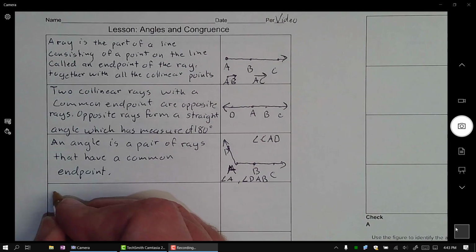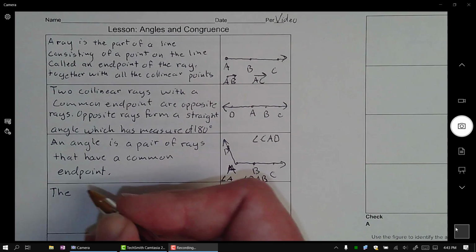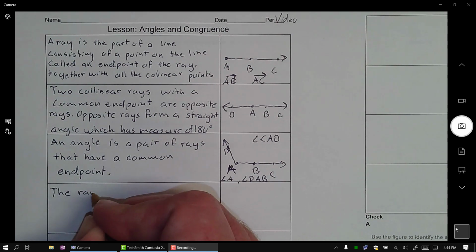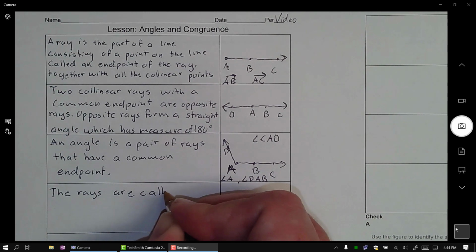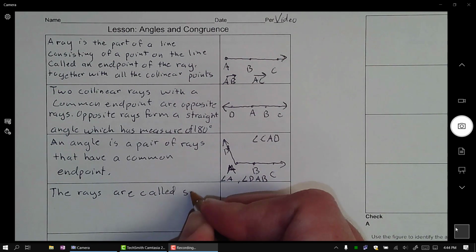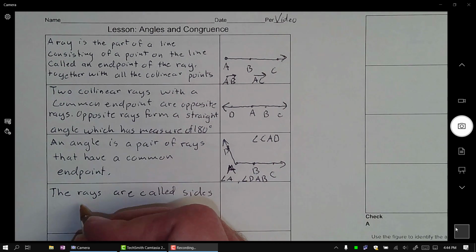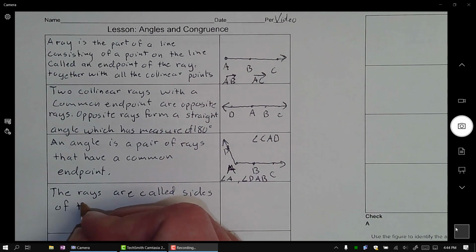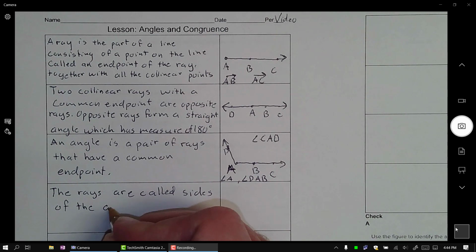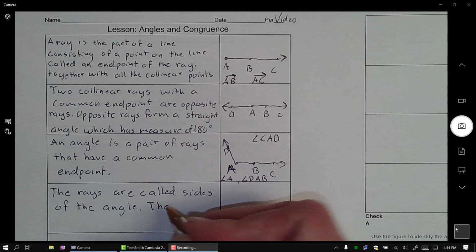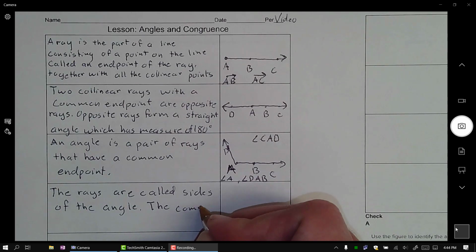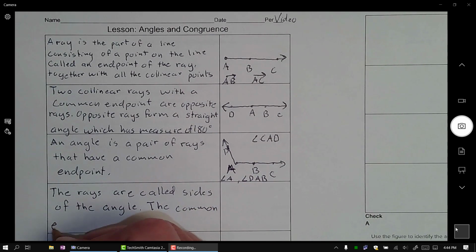So the rays are called sides of the angle. The common endpoint is the vertex.